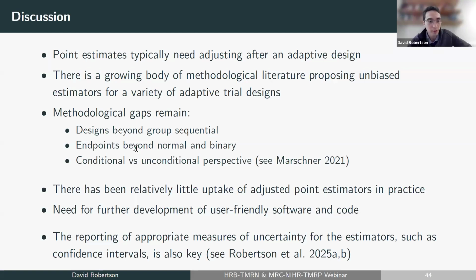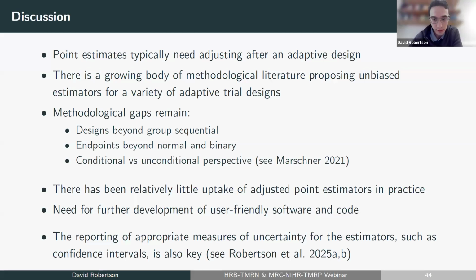Some methodological gaps remain. A lot of focus has been on group sequential designs and normal and binary endpoints. And then there's this question of conditional versus unconditional perspective. We've seen relatively little uptake of adjusted estimators in practice, and perhaps a large part of that is the need for further development of user-friendly software and code.